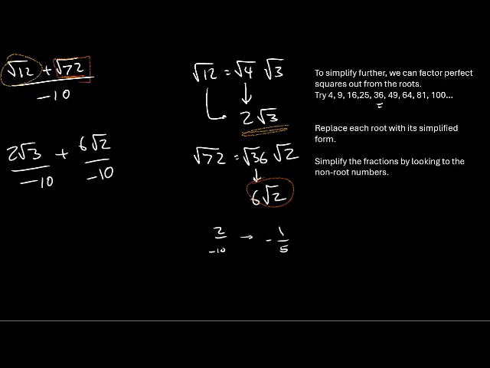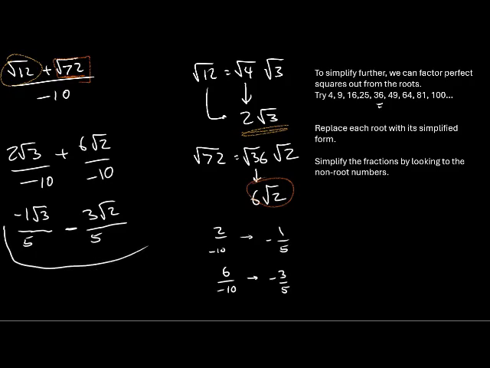So what we'll have instead is negative 1 over 5, and then that root 3 will stay on top where it is already. Then we'll take 6 over negative 10 for our second fraction, and if we simplify this down, this will give us negative 3/5. So we'll say negative 3 over 5, and the root 2 will stay on top.